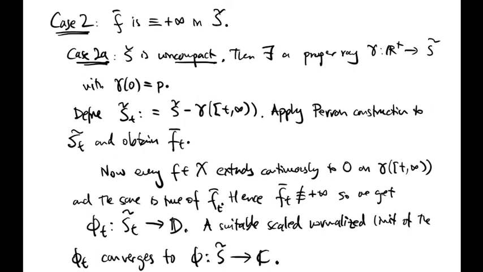In particular, f T bar is not equal to positive infinity. So by the previous discussion, we actually obtain an isomorphism phi sub T from S twiddle sub T to the open unit disk D. This is true for every T. If we now find a suitable scaled normalized limit of the phi sub T, we can arrange for them to converge, and what they converge to is a map phi from S twiddle to the entire complex plane.